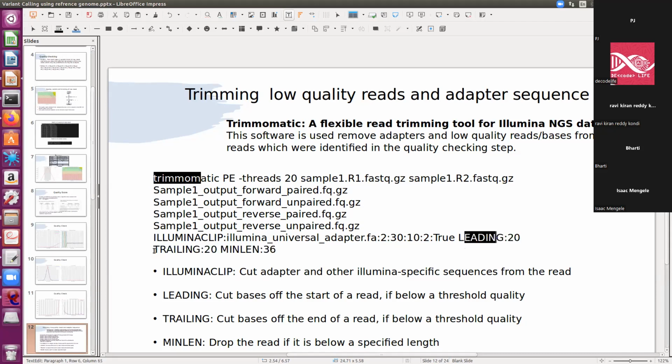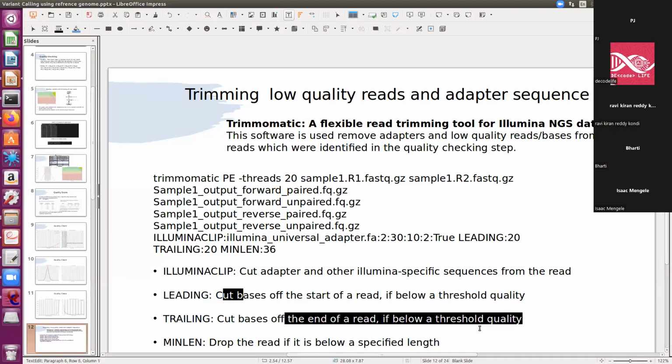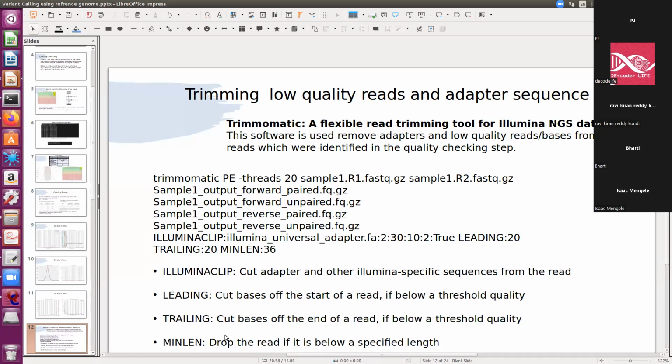Trailing, the back end 20, please also trim. LEADING cuts bases from the start of a read if below a threshold quality, and TRAILING cuts bases from the end of the read if below a threshold quality. The threshold here is Q30, so if it is below Q30 then cut that region in the back end of your read.